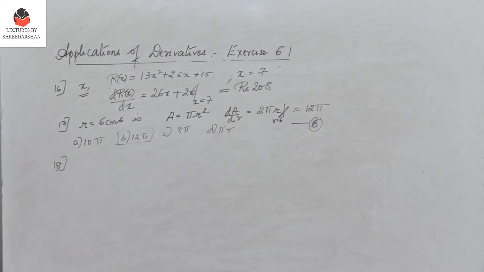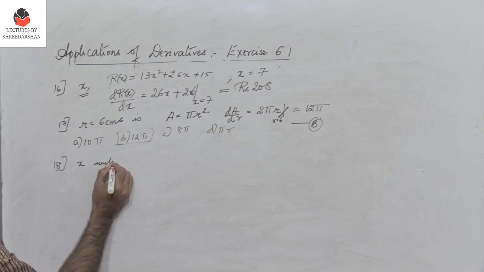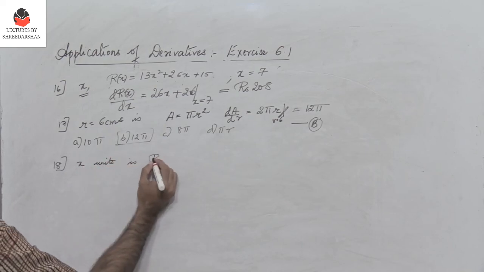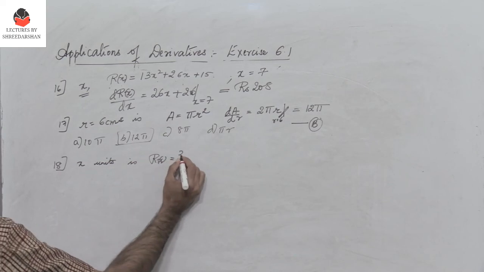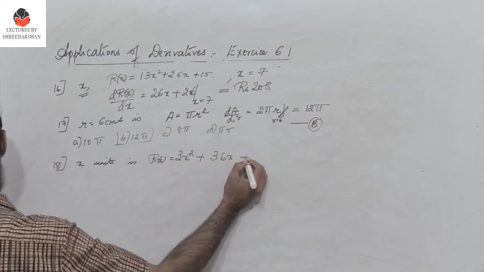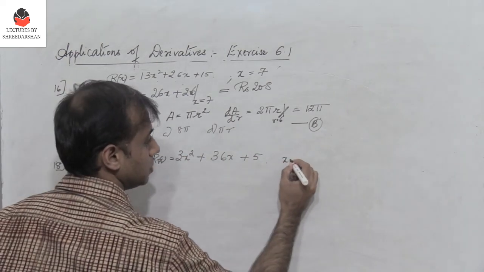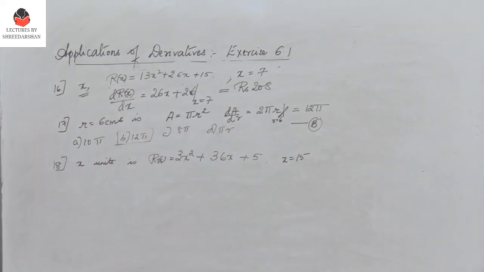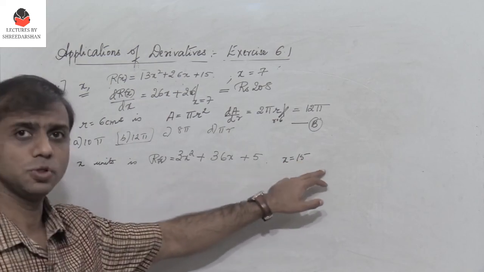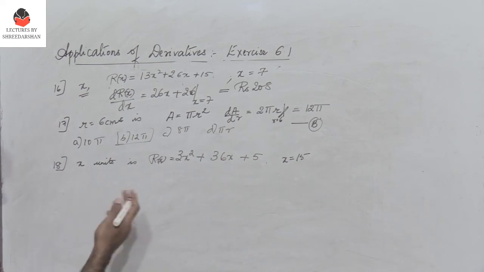So again, question 18: the total revenue in rupees received from the sales of x units of a product is R of x is 3x square plus 36x plus 5. So we need to find the marginal revenue when x is 15. Now such problems are very easy, you just have to differentiate and substitute the value of x here. Okay, so there are 4 options. So let's first calculate.